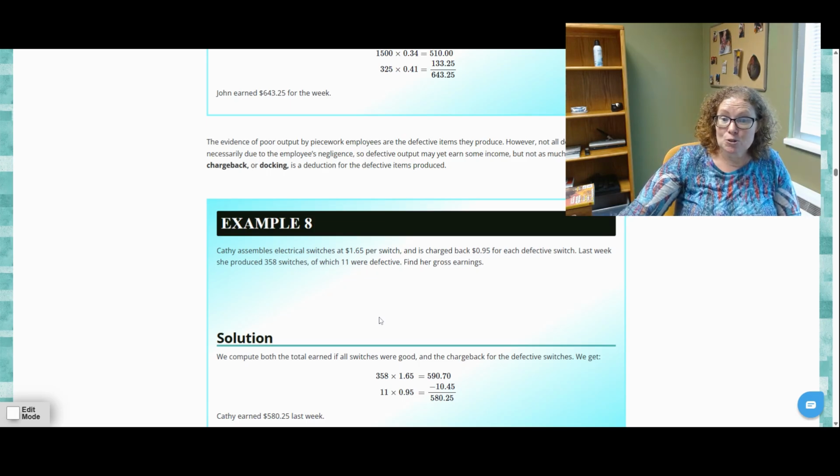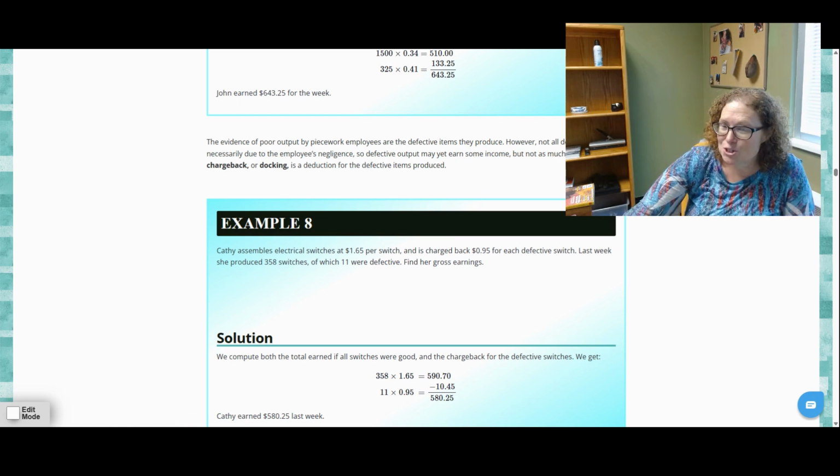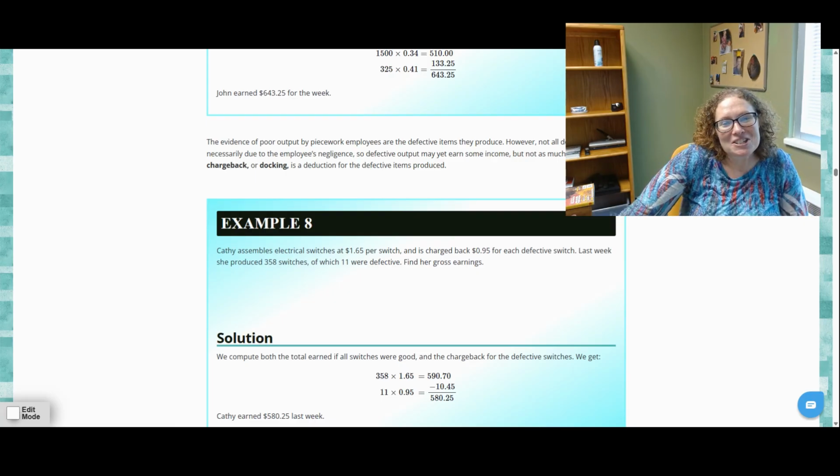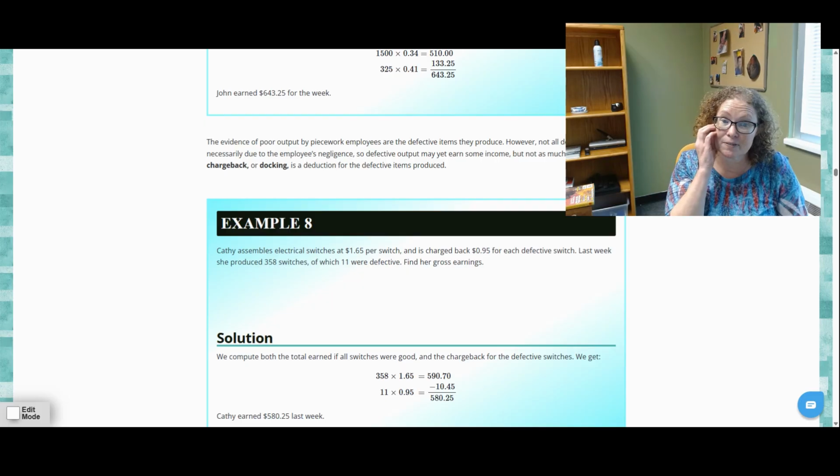Kathy assembles electrical switches and gets $1.65 per switch. She is charged back 95 cents if it's defective. So last week she produced 358 switches, and 11 of those were defective.